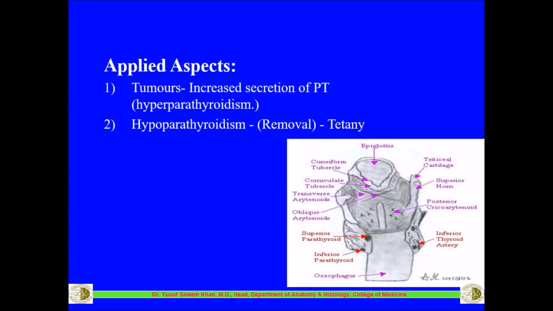If you are not careful and you remove the parathyroid as well, that leads to a condition called tetany. If there is a decrease in the calcium level because you removed the parathyroid, especially when doing a thyroidectomy, that leads to tetany, where there will be a decreased level of calcium in the blood, and that leads to some kind of seizures.